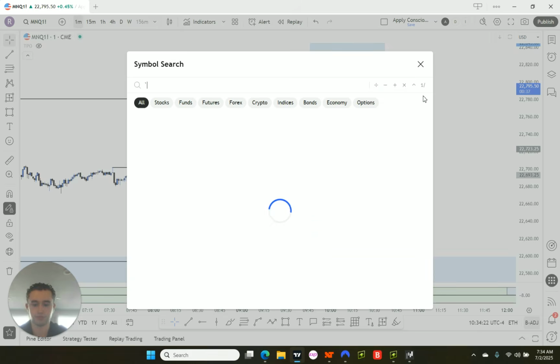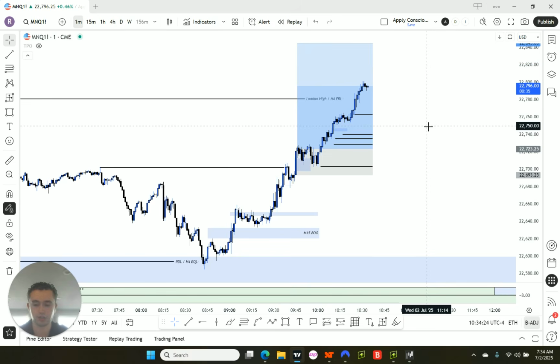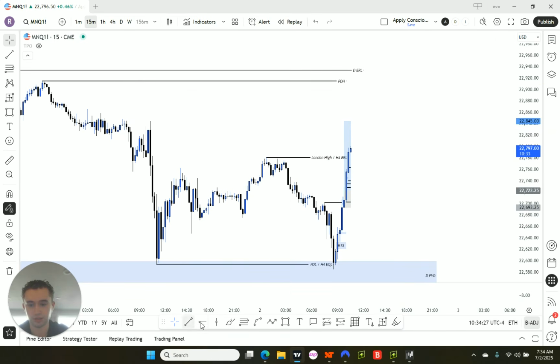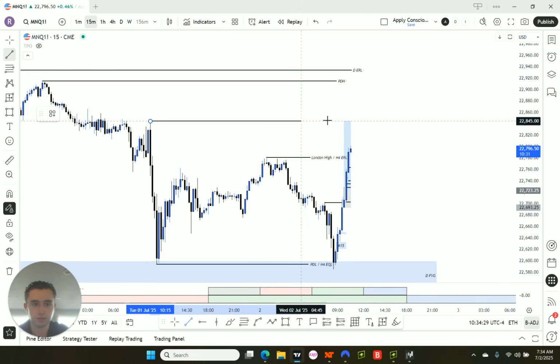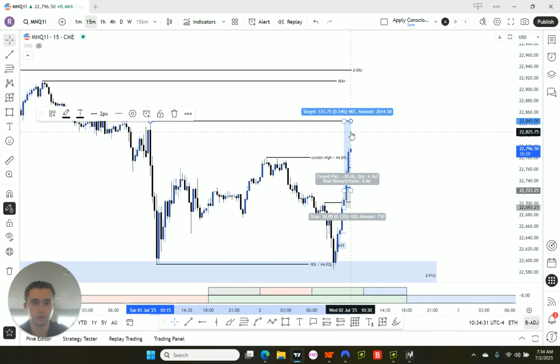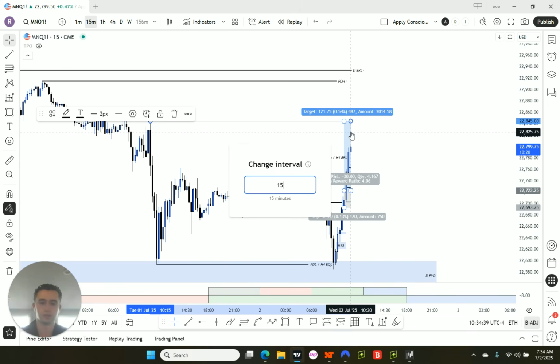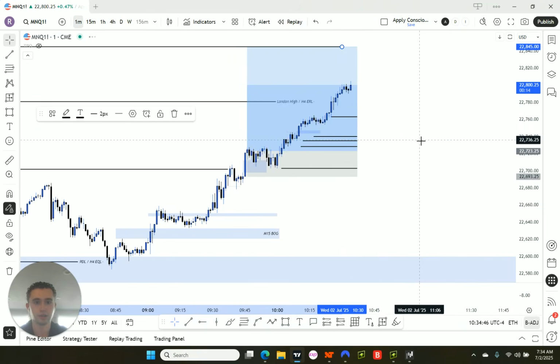I swear I can't type on my computer today. One off of that would be $5,000. This would be a $7,000 trade if that hit. I mean, that'd be no small trade.